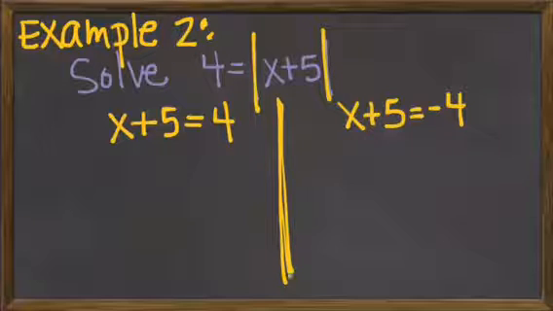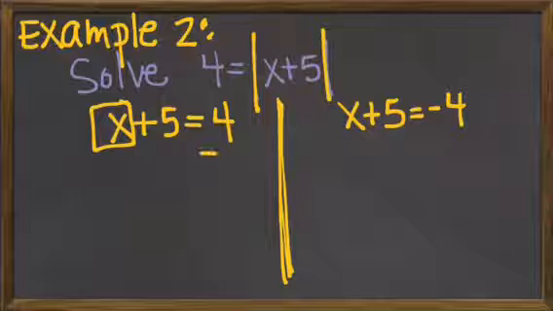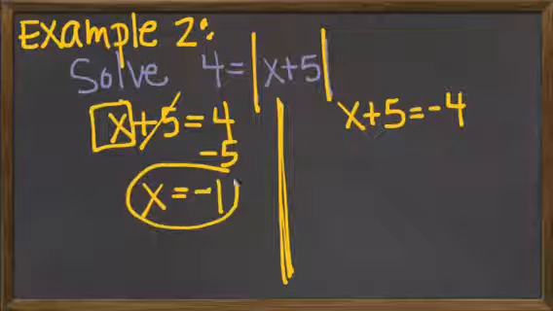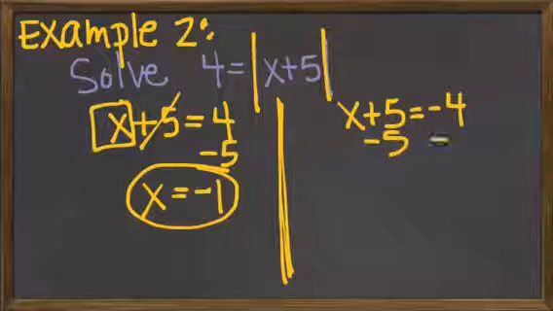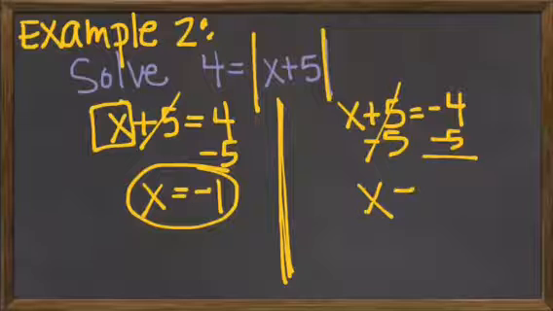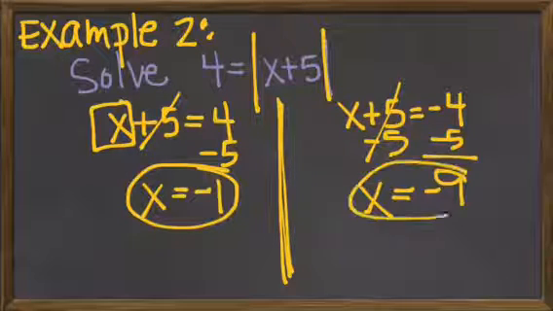Okay, so let's solve those two equations. I'm going to put a line in the middle here. We want to get x by itself, so I'm going to subtract 5, and I'm going to get x could be equal to negative 1. And I'm going to do this problem. I'm going to subtract 5, and I'm going to get x is equal to negative 9.